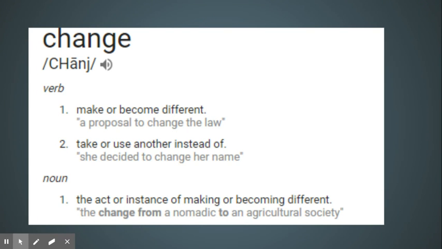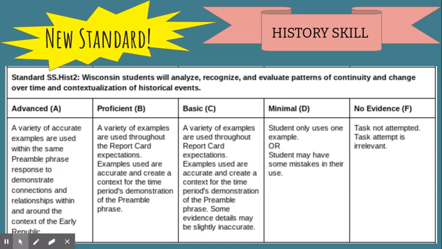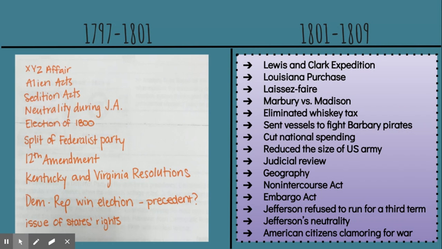Continuity and change. So that's where in this rubric, when we're looking at a variety of examples and especially thinking of the context, we are noting, okay, how is this doing in relationship to how the country was doing before? So in order to get our brains practicing this idea, in front of you are the example or evidence lists for Adams on the left and Jefferson on the right.